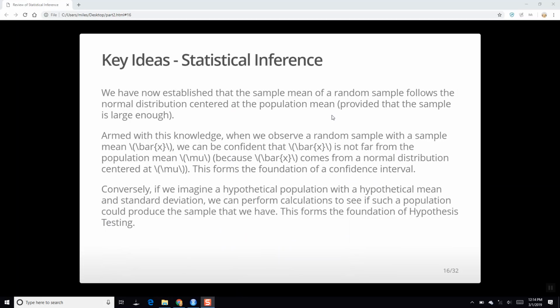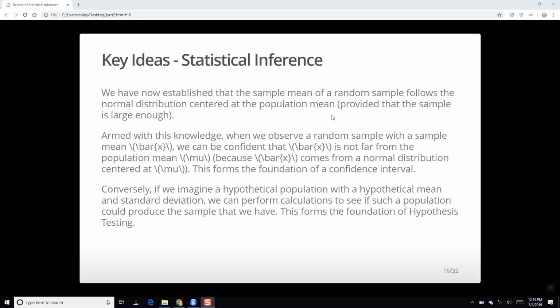And so this is going to form kind of the foundation for what we do in statistical inference in Stats 10, and that is, if we see a random sample and we see the mean of the random sample to be, you know, x bar, we can be confident that the population mean mu is nearby, because the central limit theorem says x bars come from a normal distribution. The normal distribution says most of your values are near the center, near the population mean mu. And so if we see this, we can be confident that it's probably close to the population mean mu.